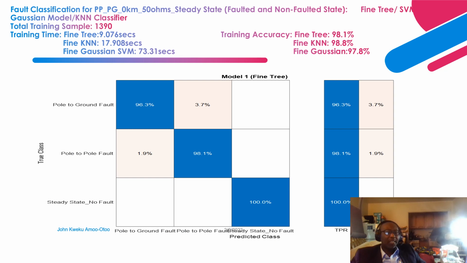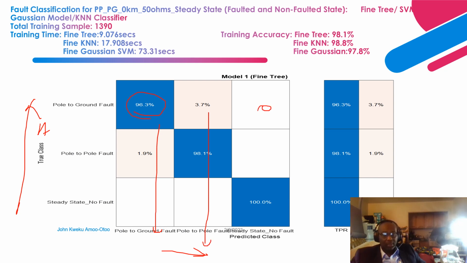Next is the percentage-wise view. The previous slide gave us the quantity in numbers. Like I told you, this is my actual data, my true class, and this is my predicted data. It's telling me that 96.3% of pole to ground faults were classified correctly and 3.7% were classified wrongly, with no misclassification for steady state.